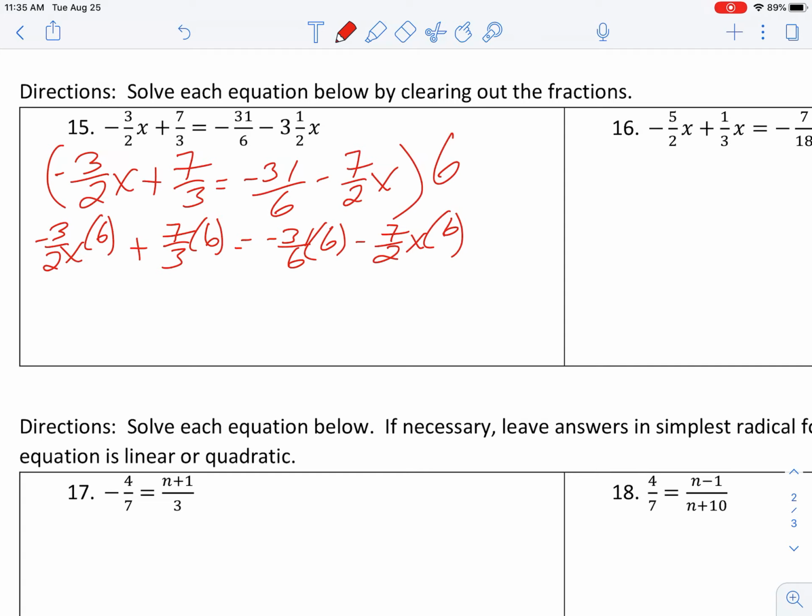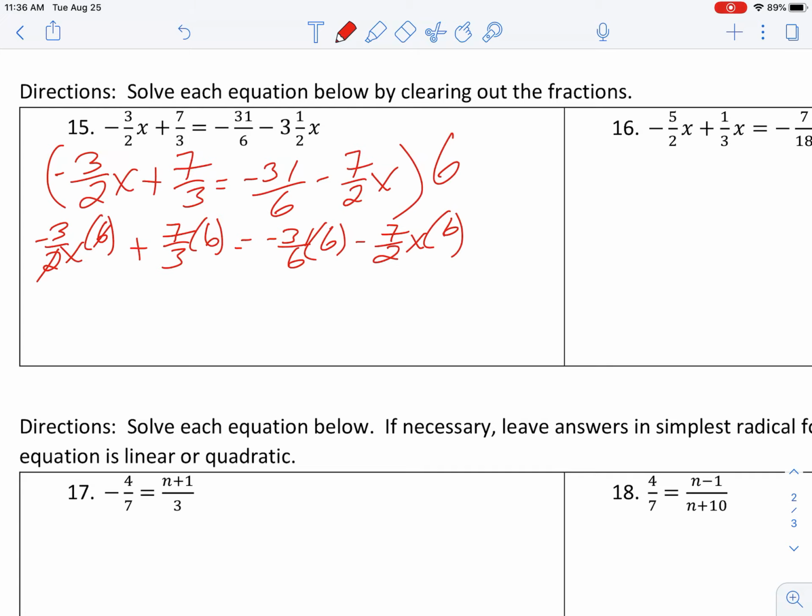Negative 3 halves times 6: you can multiply the numerators together, then the denominators, and then reduce. I usually like to reduce first and then multiply what's left over. By doing that, you don't necessarily need a calculator. The numbers are a little bit smaller to work with, but there will be times where the numbers just do get large. So what I mean is I'm reducing first.